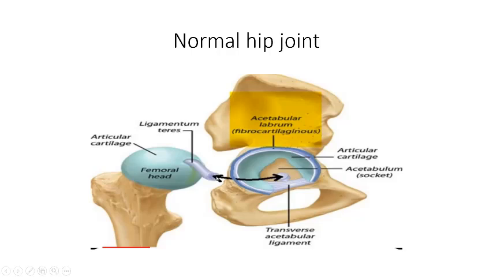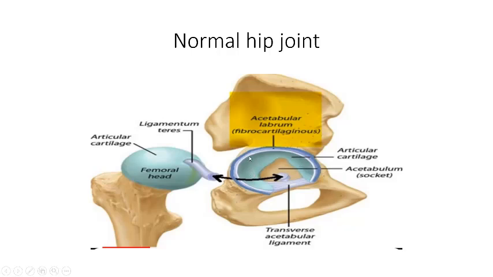This ligament at one side connects with the femoral head, while on the other side it is connected with the acetabulum. The transverse acetabular ligament is present inferomedially in the acetabulum.